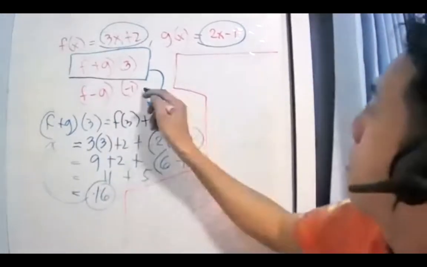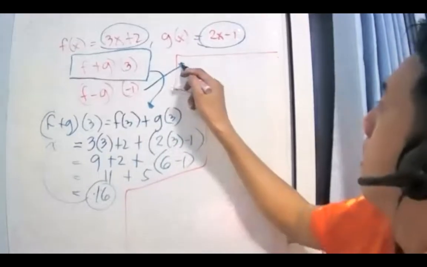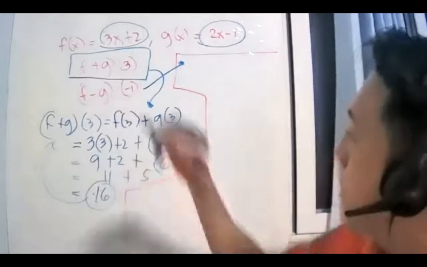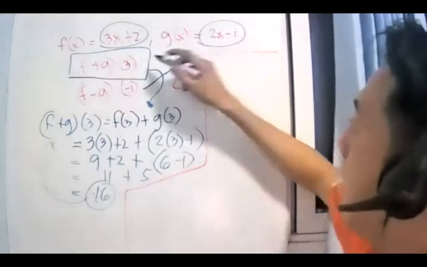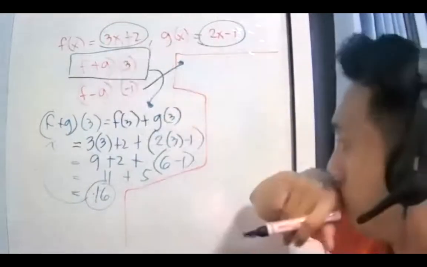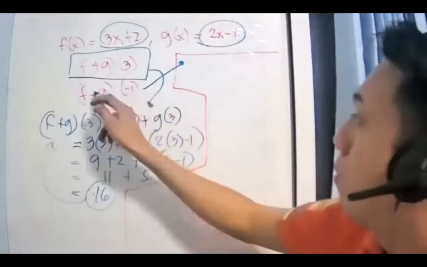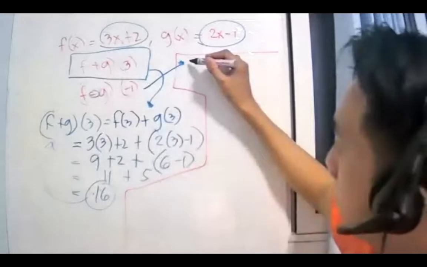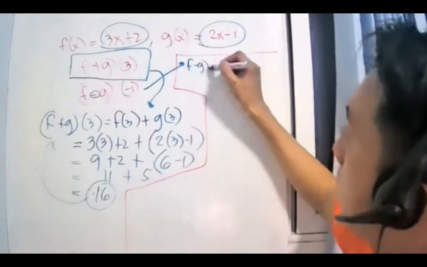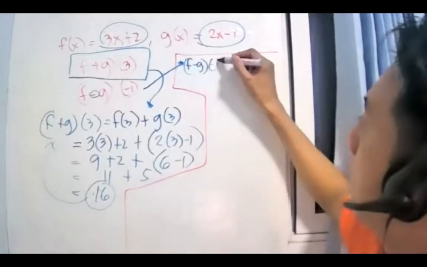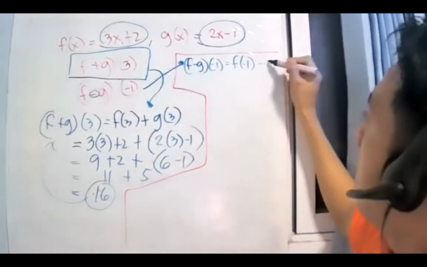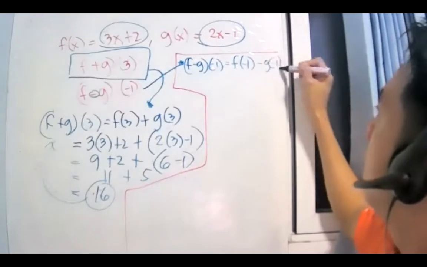How about this? F minus g of negative 1. So same process. We will just change the x's here by negative 1, and we will do minus. Okay? So f minus g of negative 1 equals f of negative 1 minus g of negative 1.